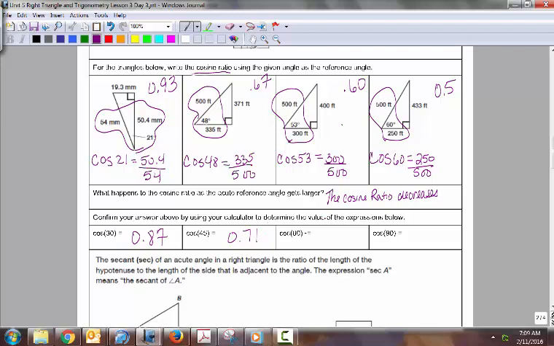The cosine of 60 is 0.5. We had that one here. And the cosine of 90 degrees, something interesting happens here. We get a 0.